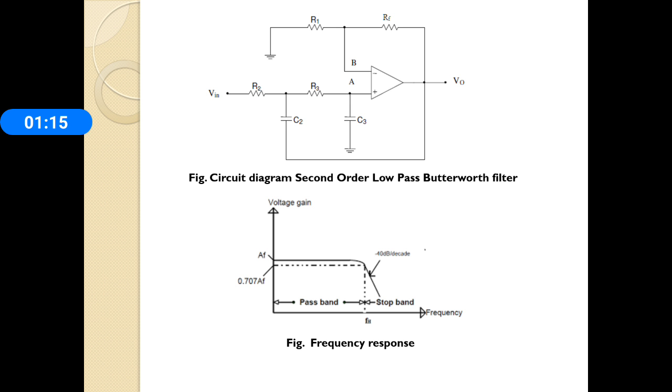The normalized frequency response of the second order low pass filter is fixed by the RC network and is generally identical to that of the first order type. The main difference between the first order and second order low pass filter is that the stop band roll-off will be twice the first order filter, at minus 40 dB per decade.